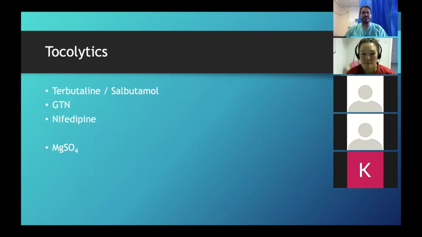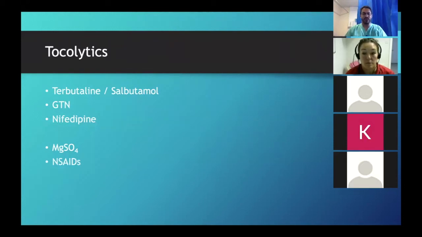But so these are the main 4 that we use potentially for that purpose. One of the things that always, don't forget about, is non-steroidals. They are a tocolytic. So be very cautious if you're giving a tocolytic when you have a PPH.